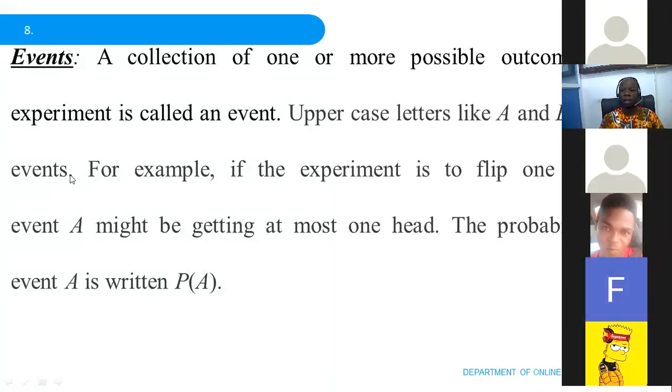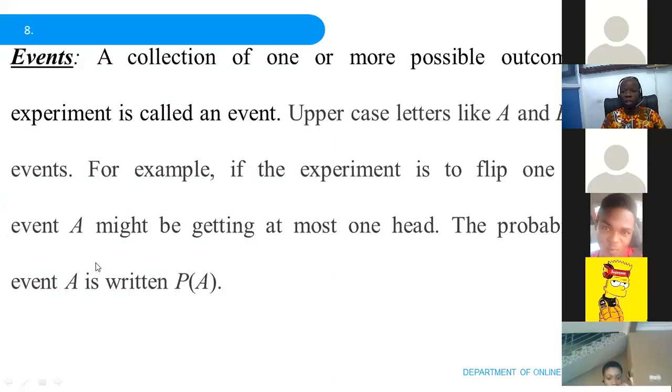And again, for example, if the experiment is to flip one fair coin, A might be getting at most one head. The probability of an event is written as P(A).